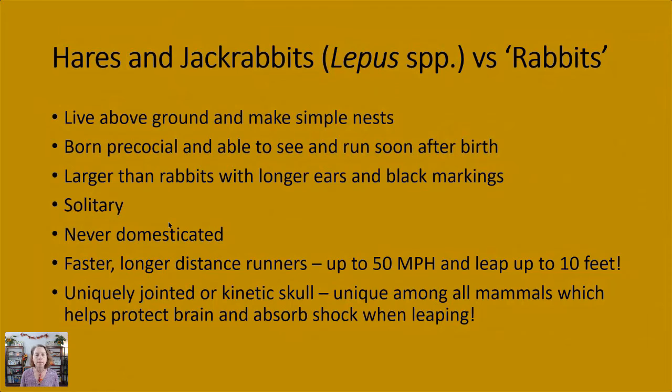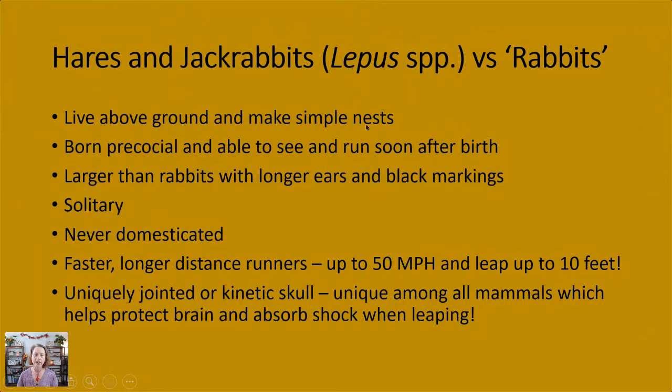Okay, so moving on to hares and jackrabbits versus just plain old rabbits. Hares and jackrabbits all belong to the genus Lepus. And you can remember this like leap, leaping high in the air to escape their predators.